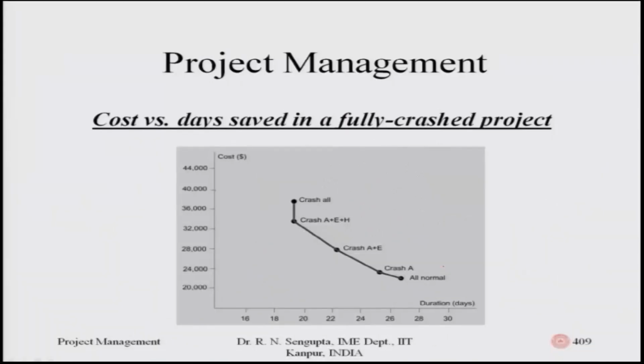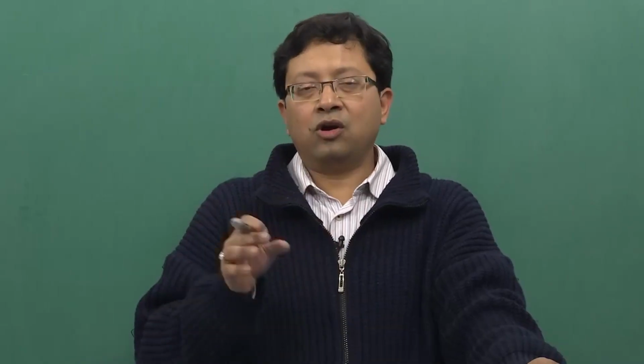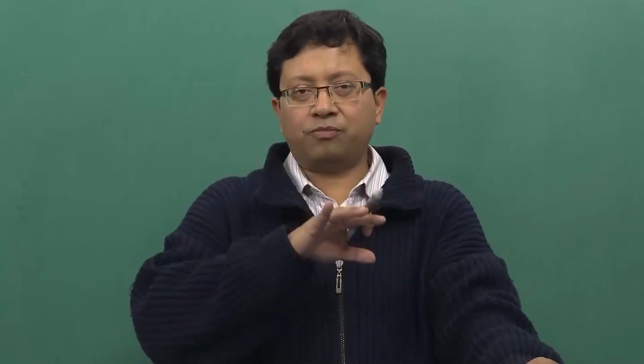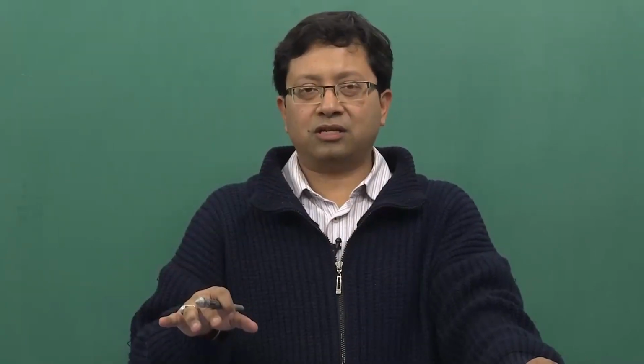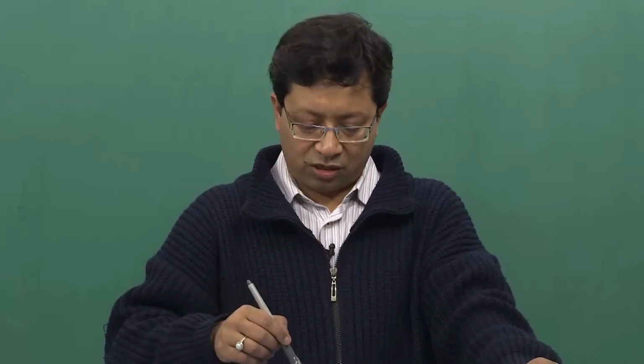So, if I consider the cost versus days saved in a fully crashed project, this would give you some idea that even though for any single activity we consider a linear function, if we consider the total effect on the whole project, it is not linear, it is non-linear.